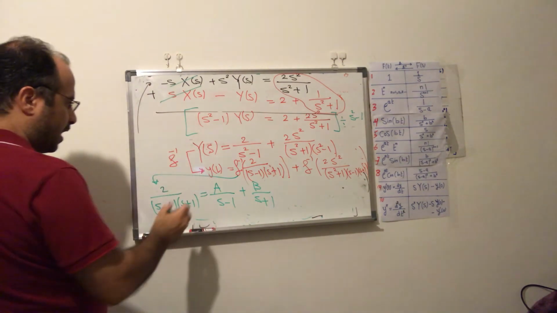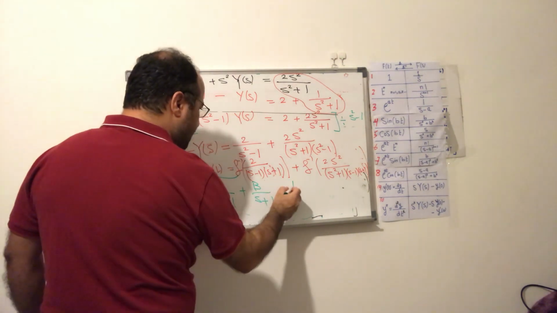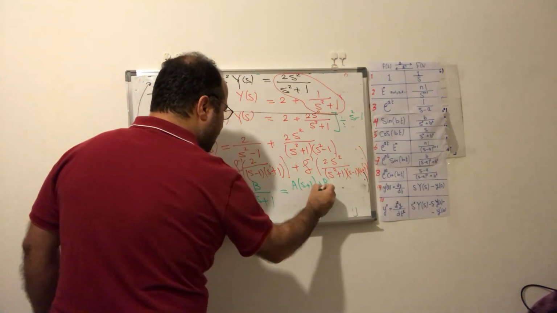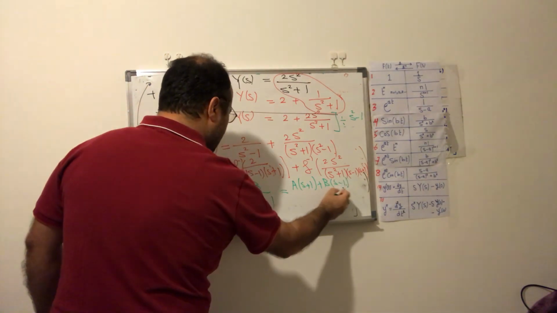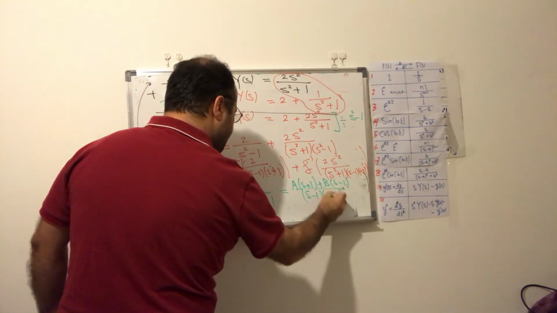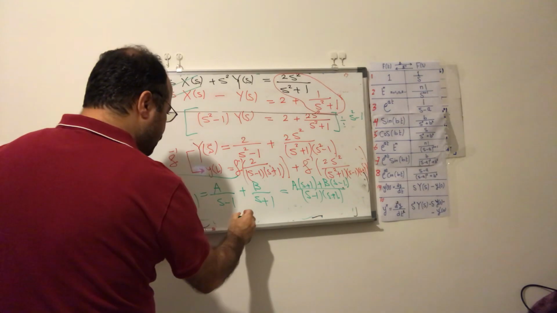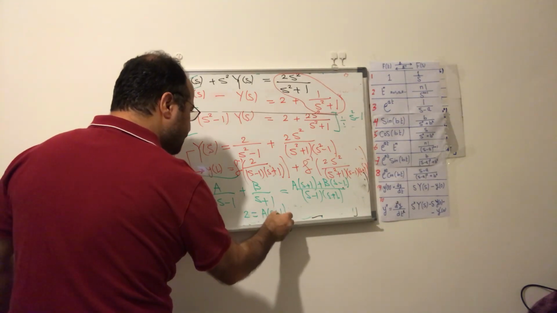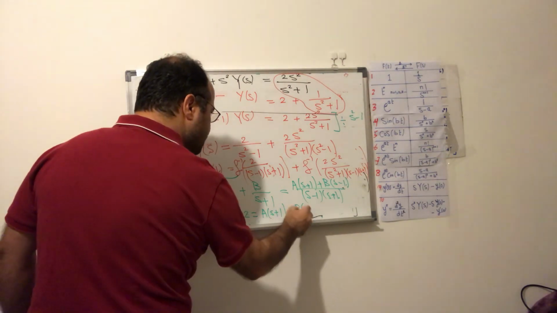Then this will be A times (s plus 1) plus B times (s minus 1) over (s minus 1)(s plus 1). Now it's clear that 2 equals A times (s plus 1) plus B times (s minus 1).